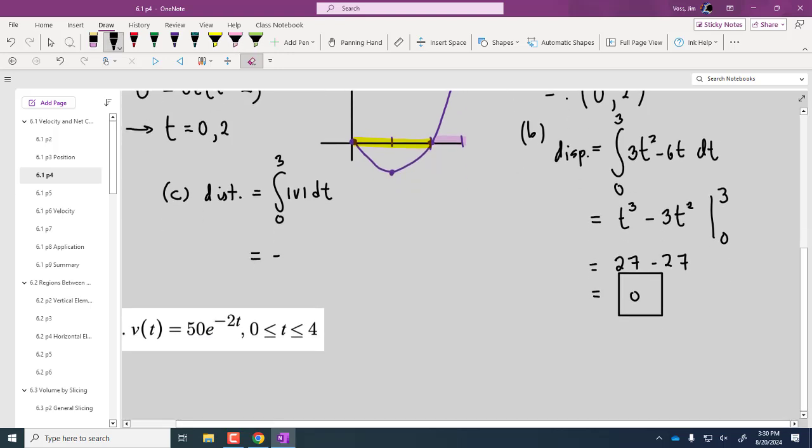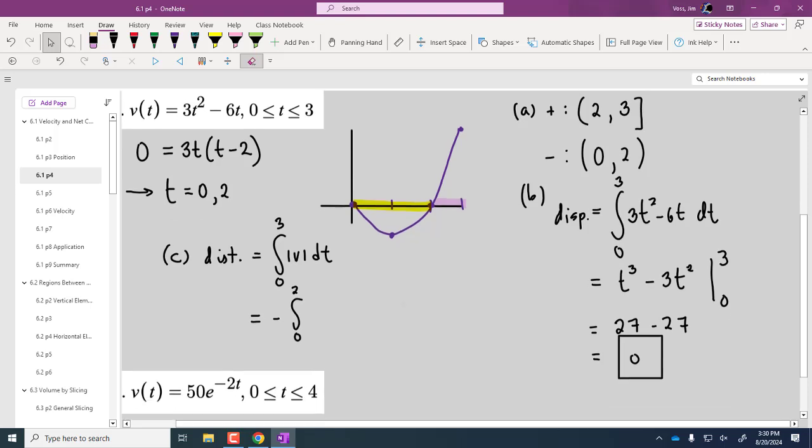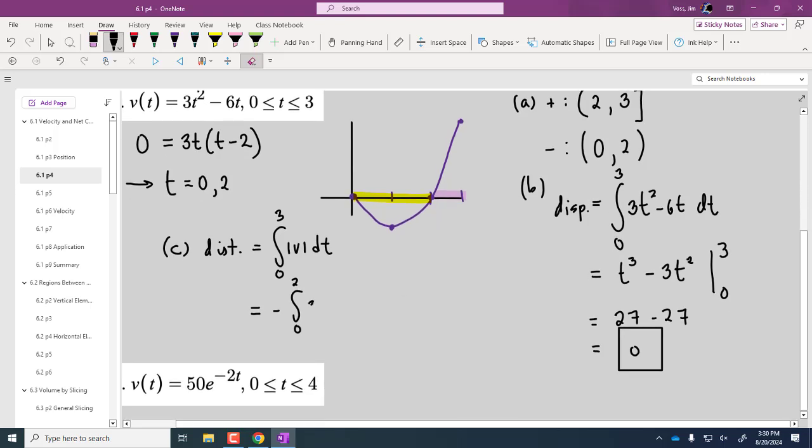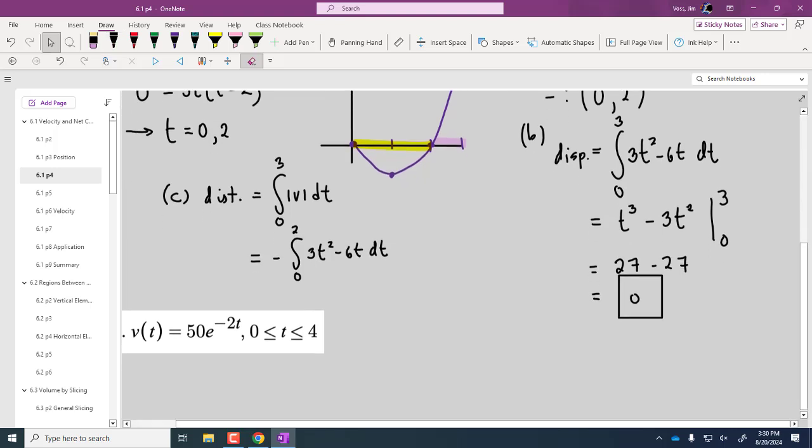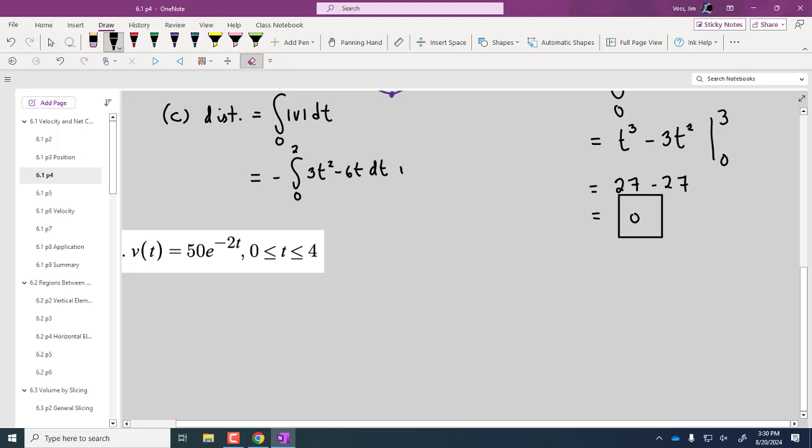I'm going to write it this way, though, just because that's how they present it. So our function is 3t squared minus 6t, 3t squared minus 6t dt. Plus we're going to add the integral from 2 to 3. Same integrand, I should say.